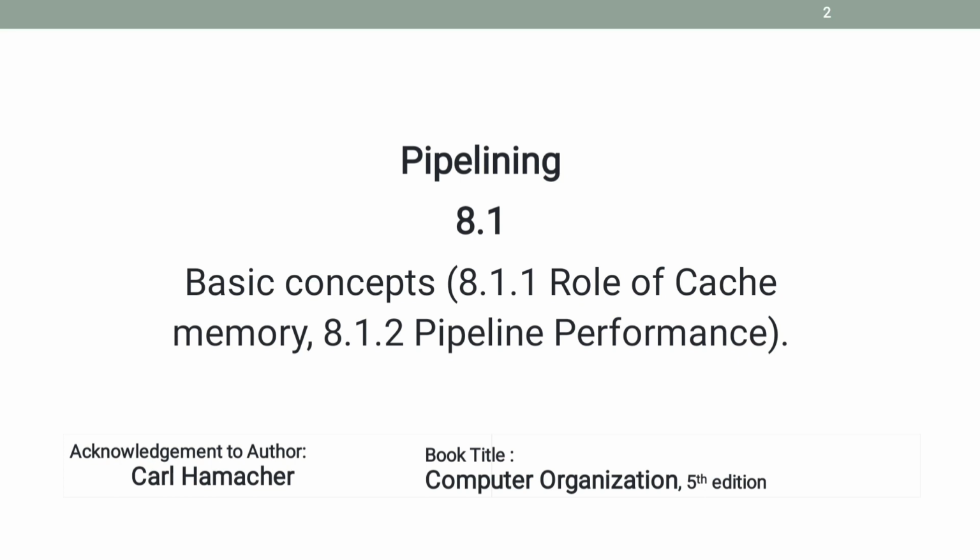Then we studied what is the idea of pipelining, that is overlapped fetch and execute cycles in case if execution of an instruction has two phases. Next, with the idea of pipeline, we moved on to four-stage pipeline. Then what hardware is required to implement four-stage pipeline? Next, what is the role of cache memory in pipelining? And we ended the topic with the pipeline performance.